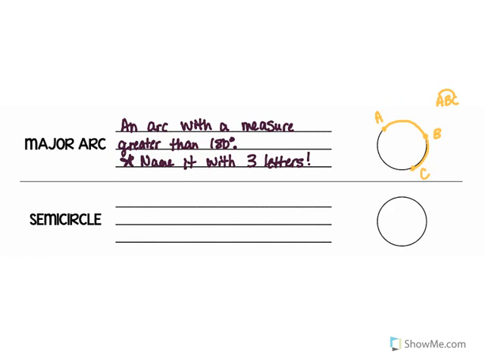Now, a semicircle is an arc with endpoints on the diameter. And it always equals 180 degrees.